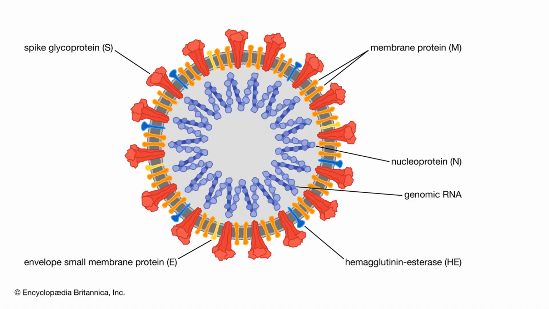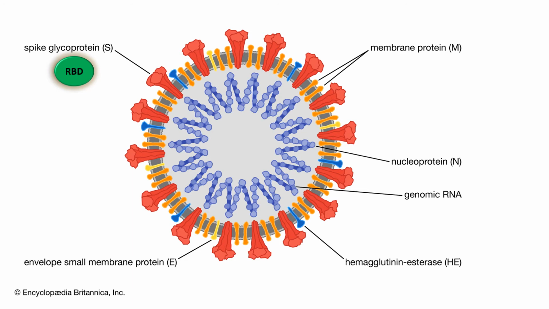So let's take a look again at the Encyclopedia Britannica schematic of the virus. We do know that antibodies to the specific receptor binding site in the spike protein are very specific for the virus, because that's the region that contains differentiating features of the SARS-CoV-2.